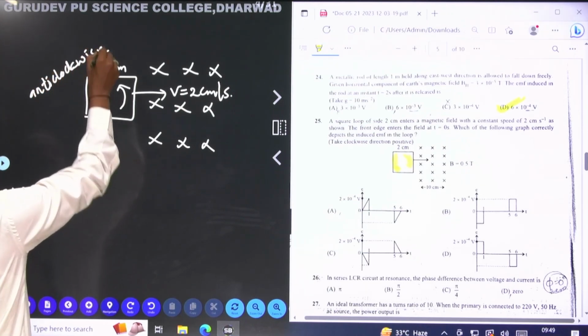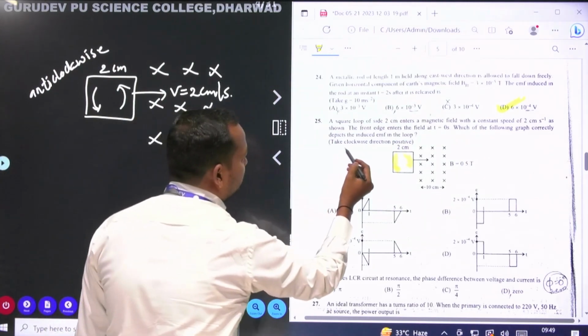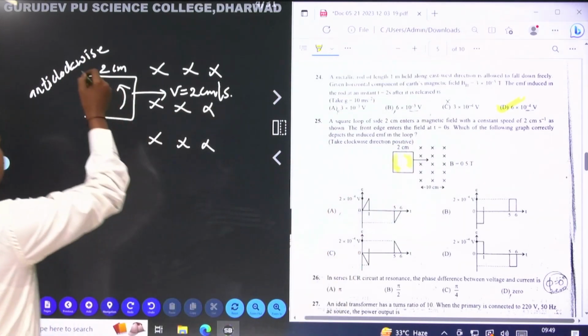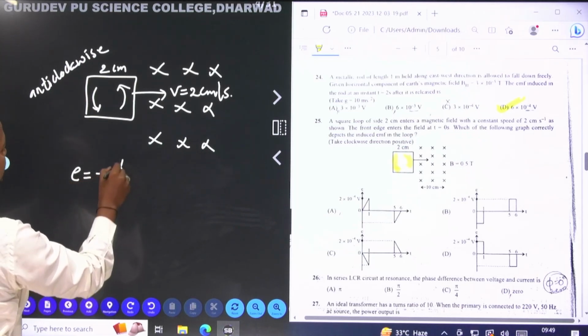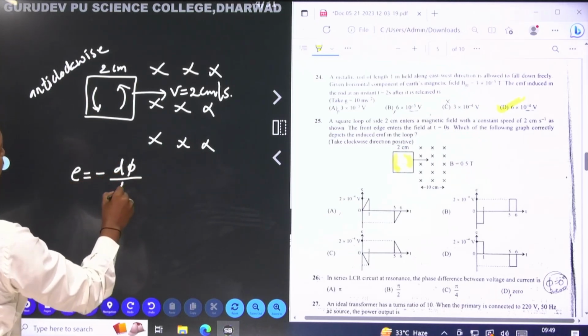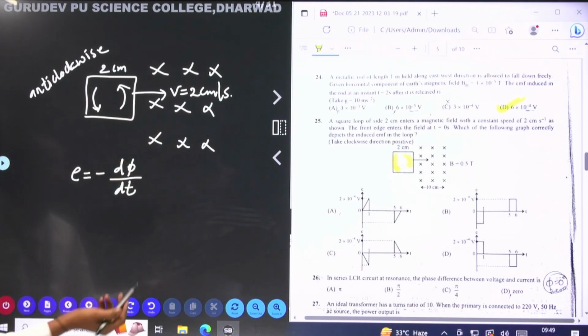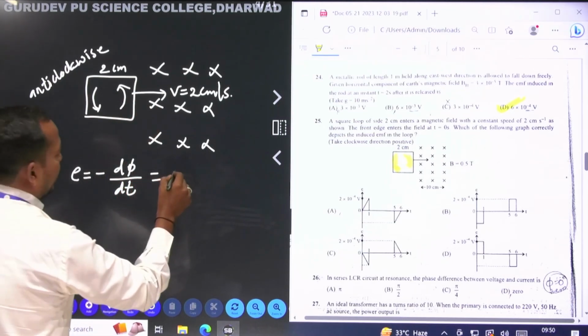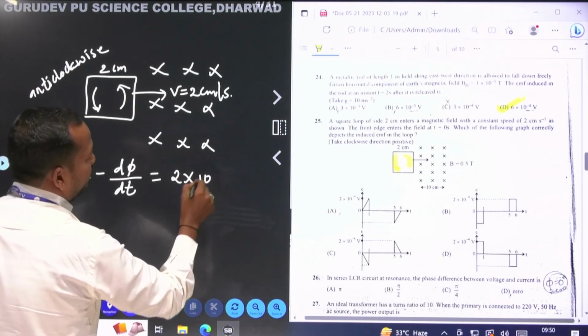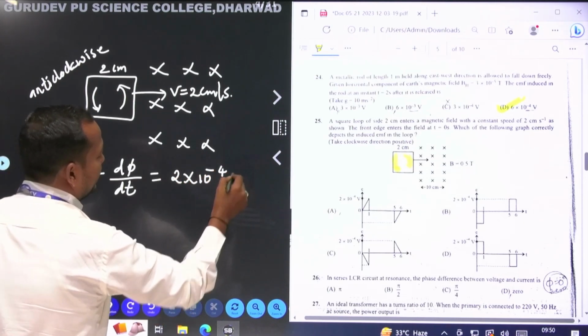Therefore, they said to take clockwise direction as positive. If it is anti-clockwise, the EMF induced will be minus d phi by dt, because flux linked with the coil induces EMF, which we get as 2 into 10 to the power of minus 4 volt, as already given.